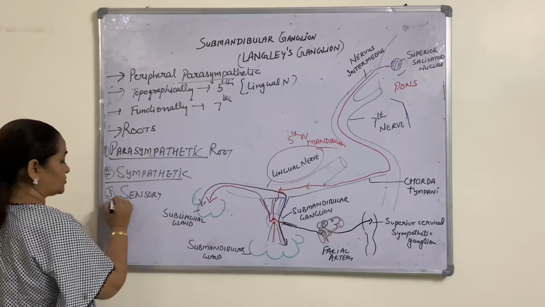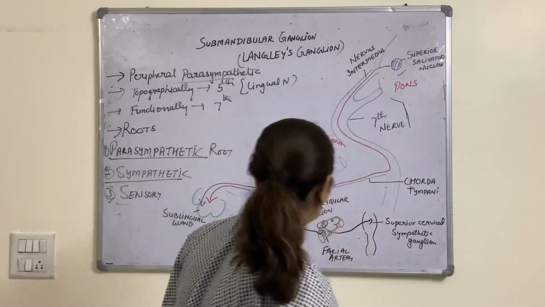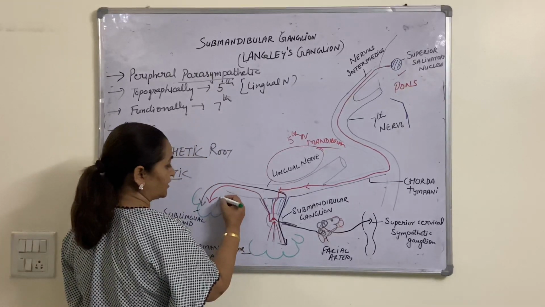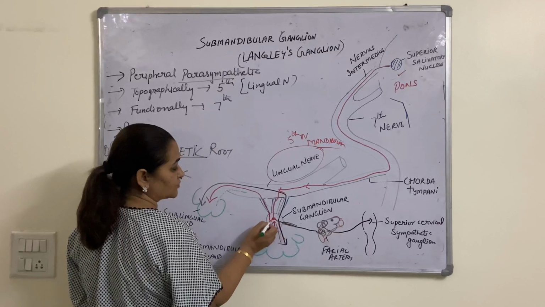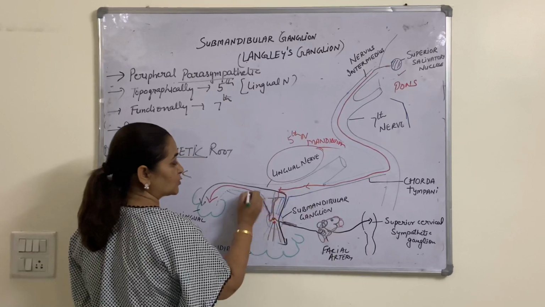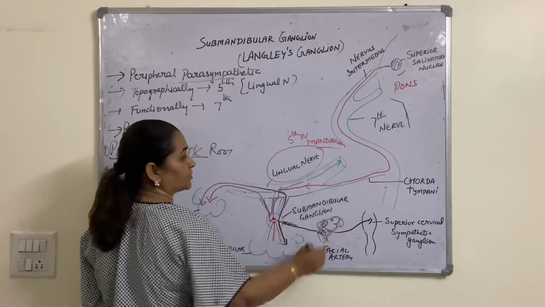Then is the sensory route. This sensory route basically starts from the periphery, and the fibers go along with the lingual nerve. They also pass through the ganglion without relay. The fibers enter into the lingual nerve and reach the higher center through it.